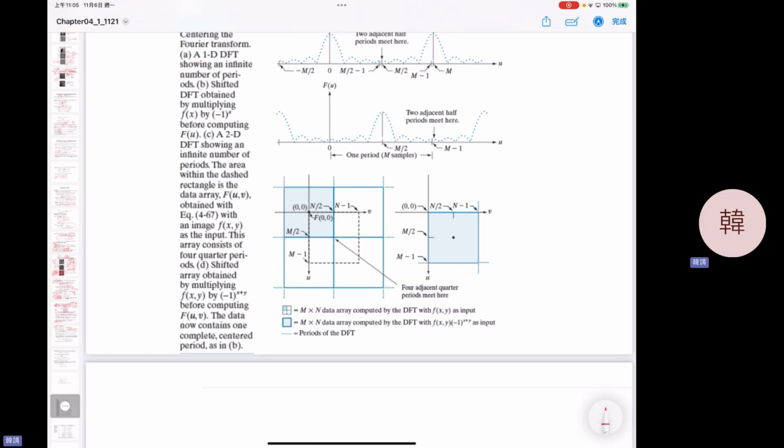So I think we can summarize this class for this practical application here. I think the textbook writes down step by step how to do this in the frequency domain.